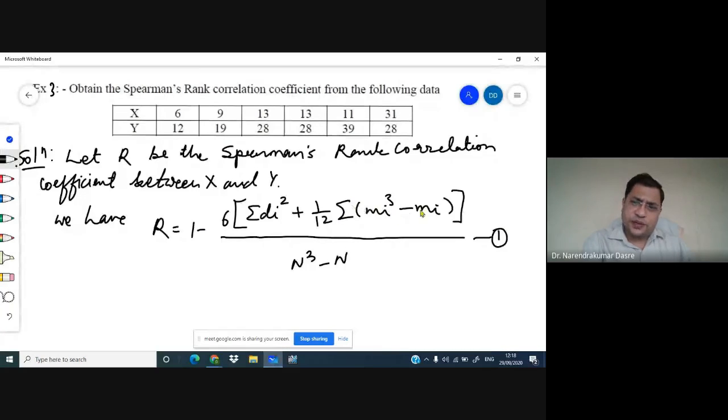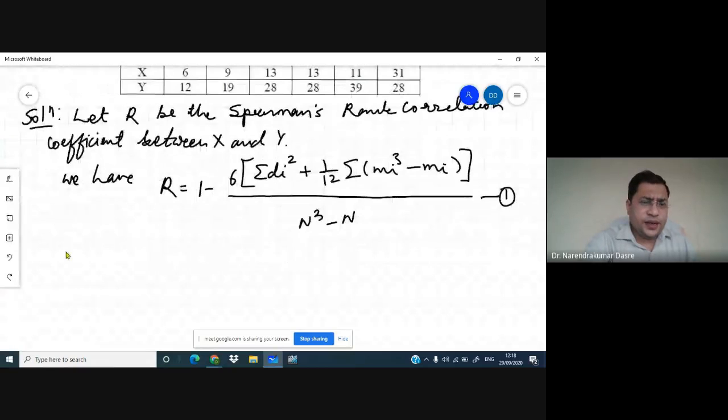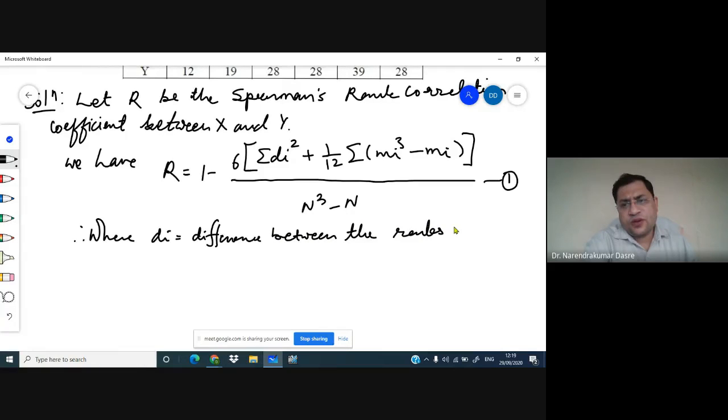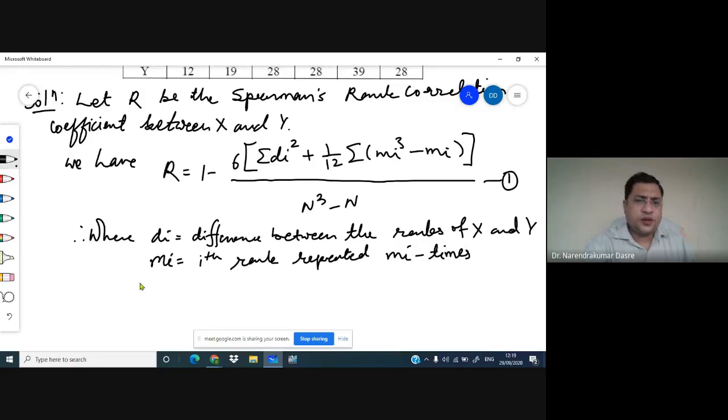Now, di is equal to the difference between the ranks of X and Y. mi is equal to the ith rank repeated mi times, and n is, as usual, the number of observations.